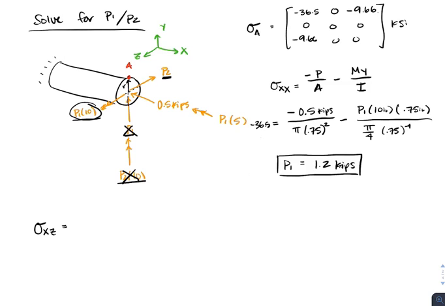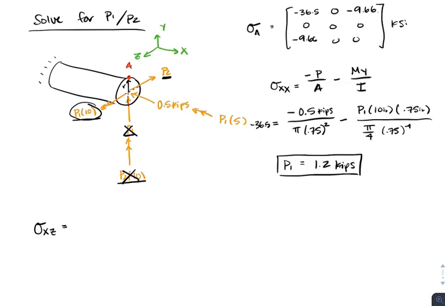And now for P2, it's going to the right, so that means the maximum is along the axis that's perpendicular to P2, which happens to be where point A is located. So usually our equation for shear is equal to VQ over It, but in this case, since our point A is located at the very maximum for a circle, we can use a special equation.